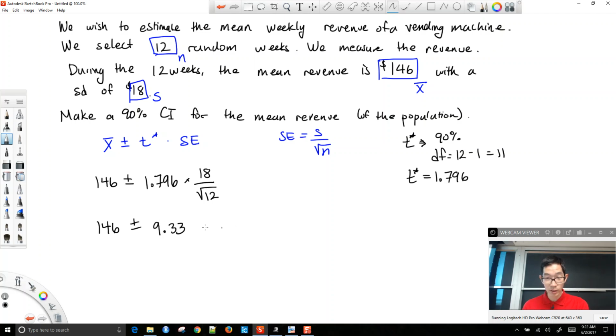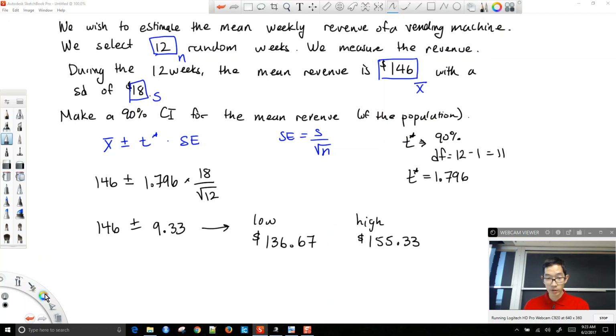So on the low end, 146 minus 9.33 is 136.67, and on the high end, 155.33.